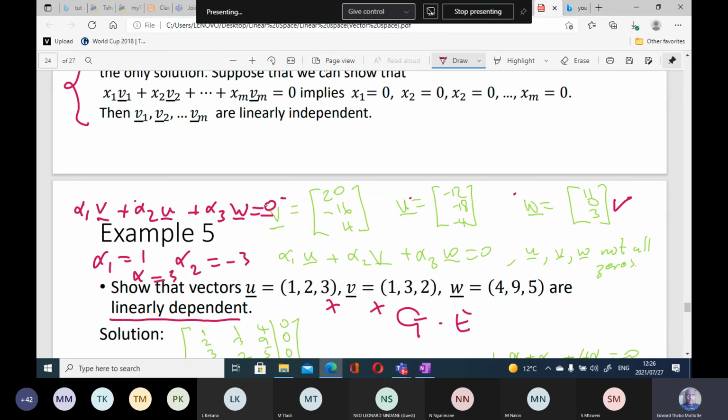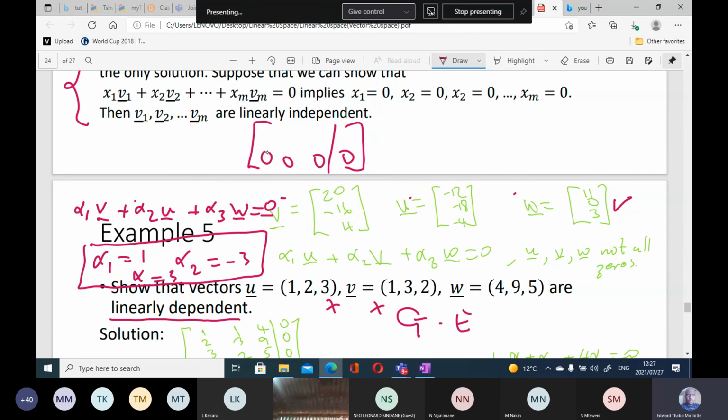So this one, I want you to do it on your own. You can copy this one. You must determine this one. And another thing, in most cases in this situation, when you solve, you'll end up with a row of zeros. You'll end up with 0, 0, 0, 0. What does the row of zeros mean? It means that we have infinitely many solutions.